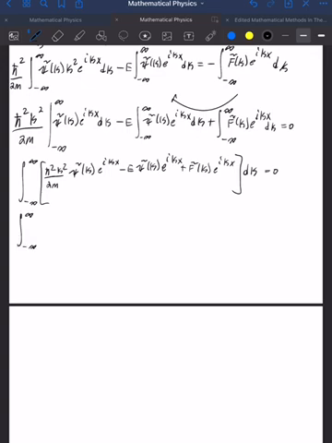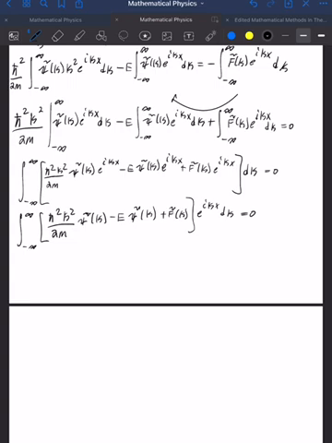The integral from minus infinity to infinity of h bar squared k squared over 2m psi tilde of k minus E psi tilde of k plus f tilde of k, times e to the I kx dk. And that's equal to 0.